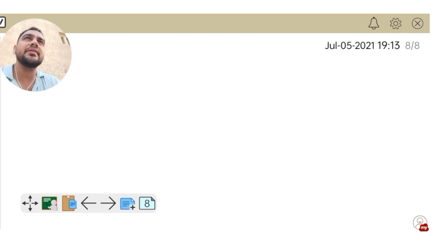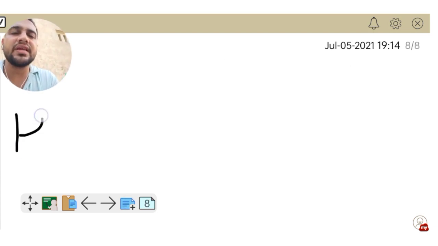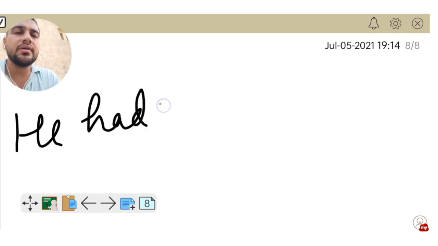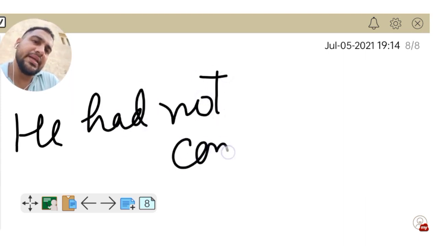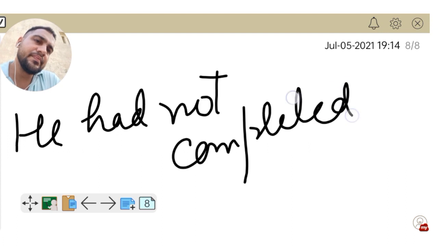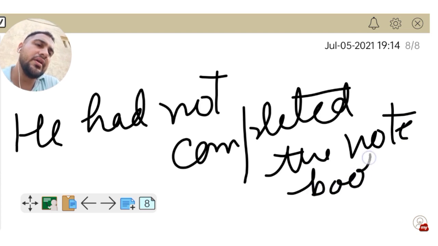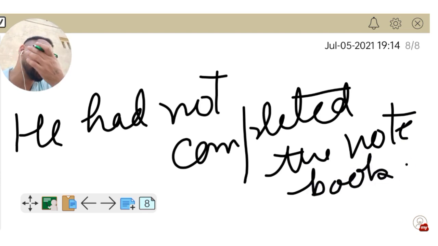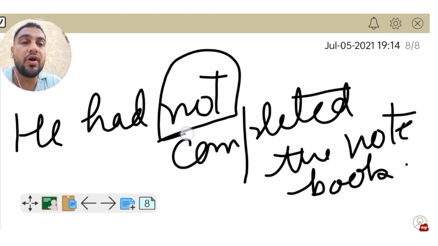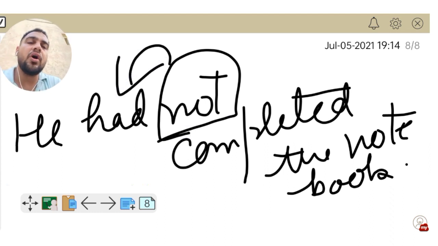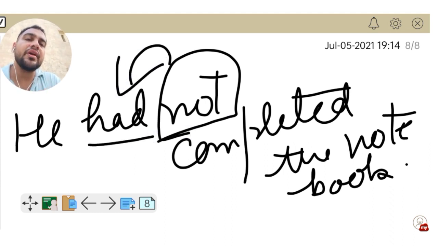He had completed the notebook. If I am saying he had not completed the notebook, here we are clearly depicting the negativity of the statement by the use of not after the auxiliary verb had. Basically in this structure it happens like that only.